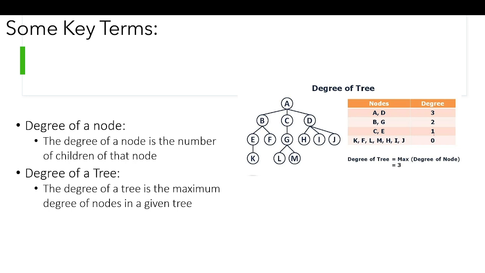C and E have one child, and the nodes K, F, L, M, H, I, J have no children, so the degree of these nodes is 0. The degree of the tree is equal to the maximum degree of the nodes of a given tree. So in this example, the maximum value of this set is 3. So 3 is the degree of this particular tree.